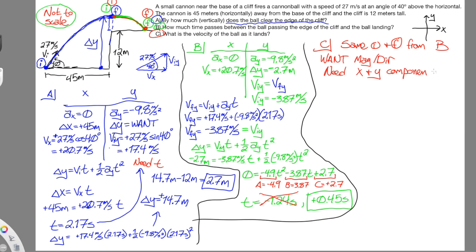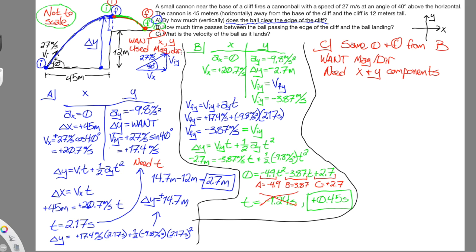Just like way back at the beginning of the problem when we broke Vi for the blue section down into its components, we wanted x and y, so we needed the magnitude and the direction to find it.